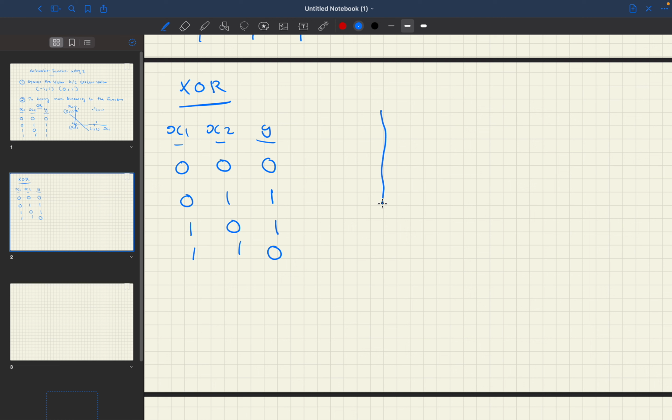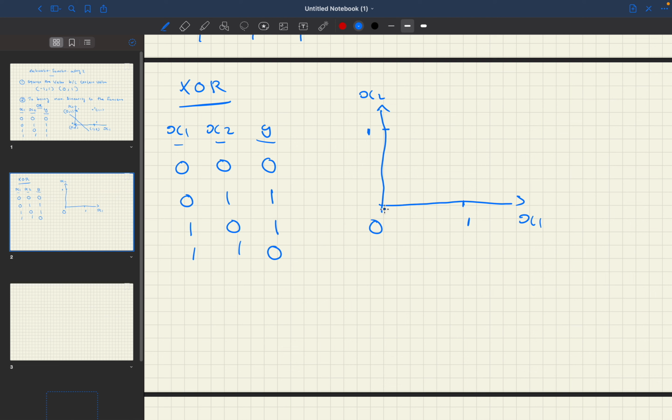Let's try to plot this. Here we have 0, this is x1, this is 1, this is x2, here also it is 1.